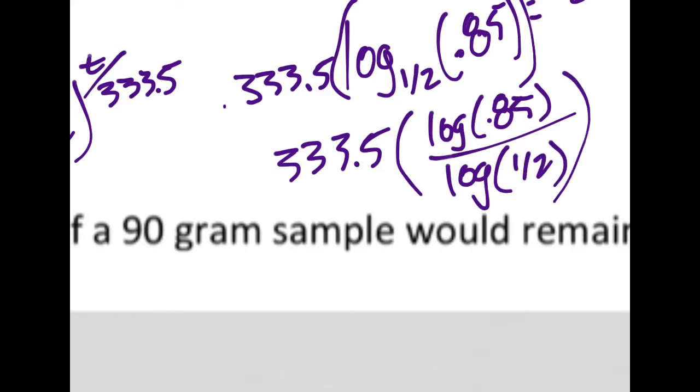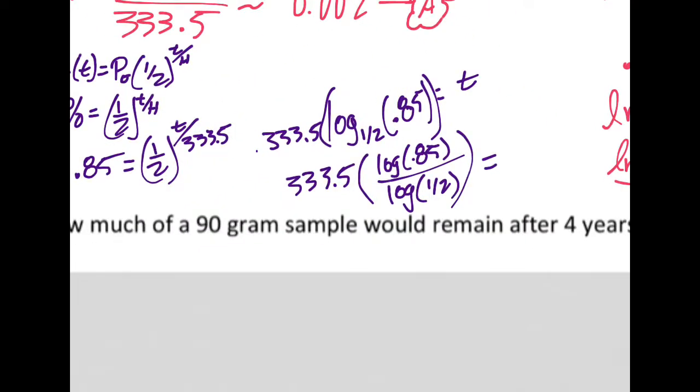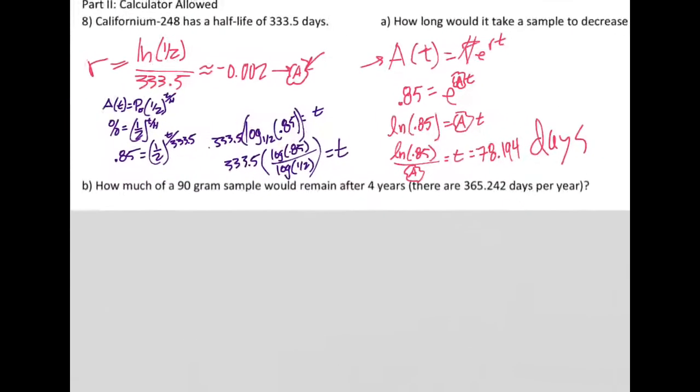And then that should give you your T. And so you should verify that this also works. 333.5 times the log of 0.85, close your parentheses, divided by the log of 0.5, close your parentheses, close your other parentheses, and that equals, again, 78.194. Sweet.